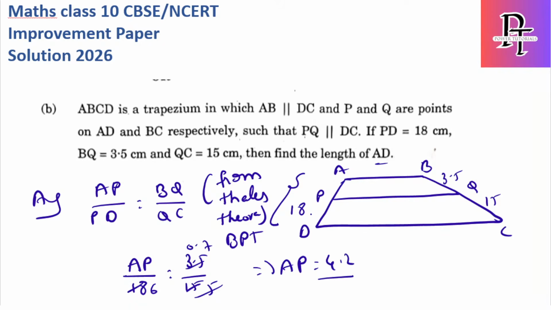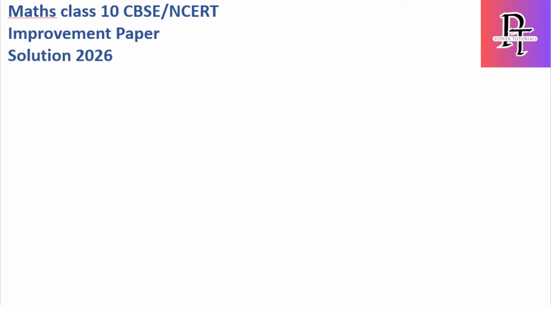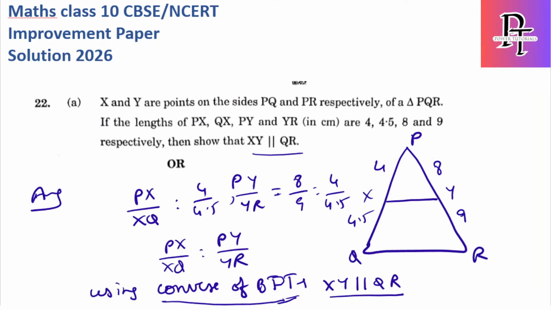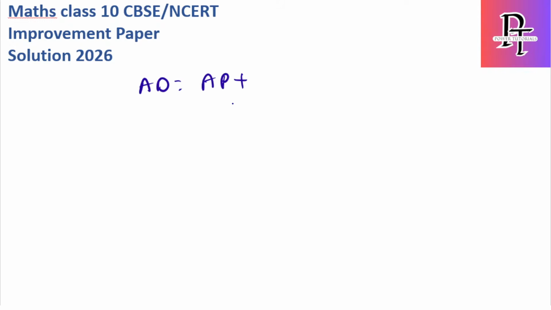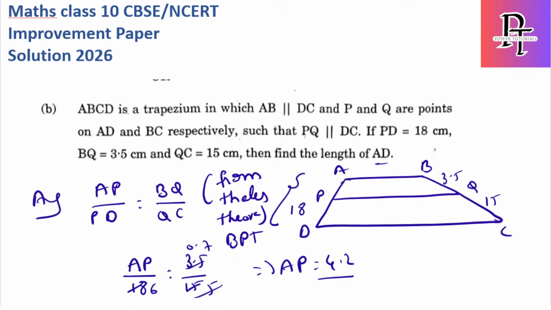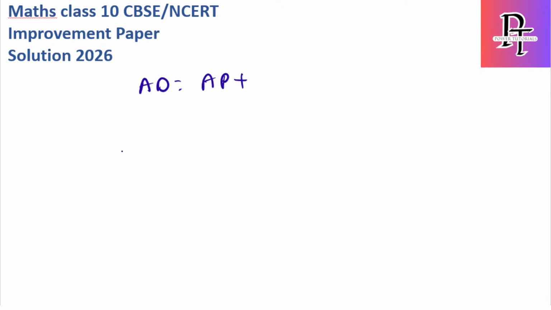AP is 4.2, but they are not asking AP, they are asking AD. Therefore AD is equal to, okay, I'll write in the next slide, I don't want to make it congested here. So now AD becomes AP plus PD.